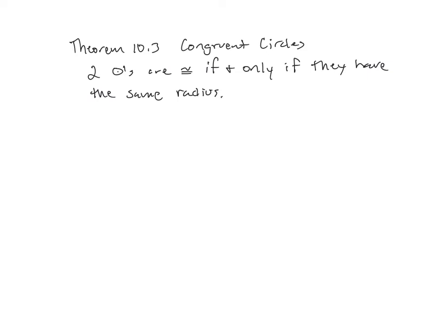So if one circle has a radius of 5 and another one has a radius of 5, they are congruent. It's the only measurement that you could really use.